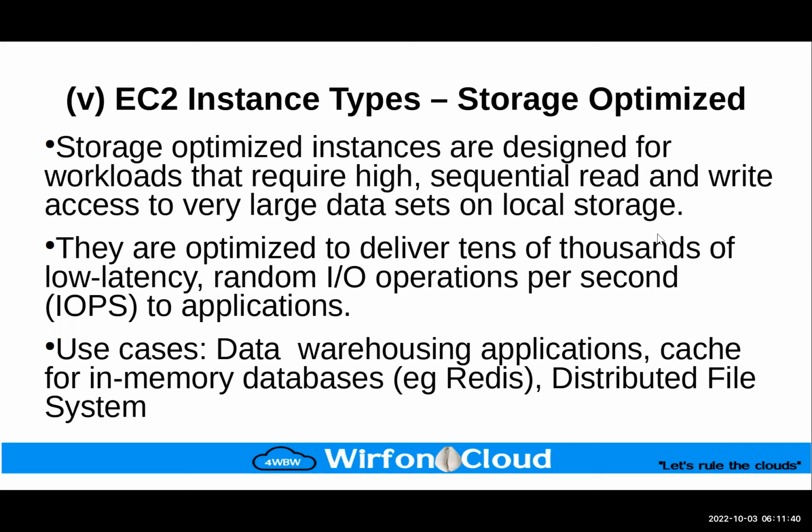And they are optimized to deliver tens of thousands of low latency, random input-output operations per second to applications. And the use cases for this type of storage optimized EC2 instances are data warehousing applications, cache for in-memory databases, e.g. Redis, you hear about it. And then you have distributed file systems.